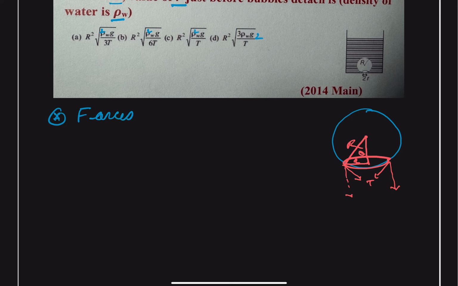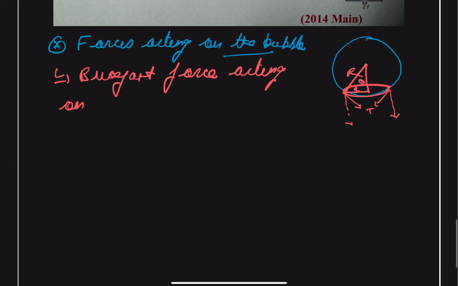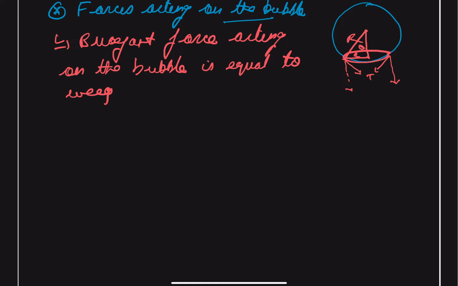So we say forces acting on the bubble. And the first force is our buoyant force. Buoyant force acting on the bubble is equal to the weight of the liquid displaced.